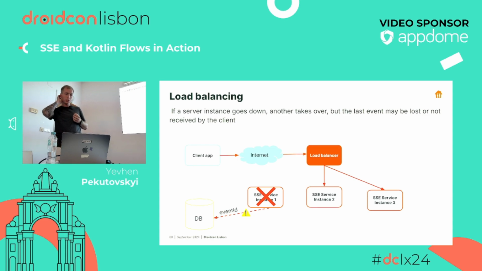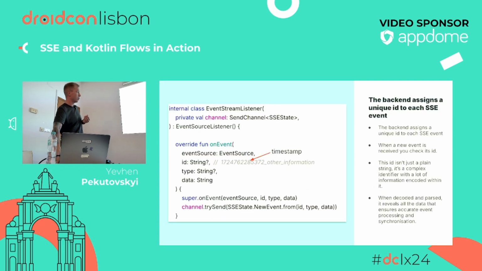To mitigate this, the backend needs a specific timestamp to query the database, fetch all relevant updates, and generate an SSE event. To ensure the correct sequence of events and avoid duplicates, we rely on something we call the last stored ID technique, where the client is the source of truth.